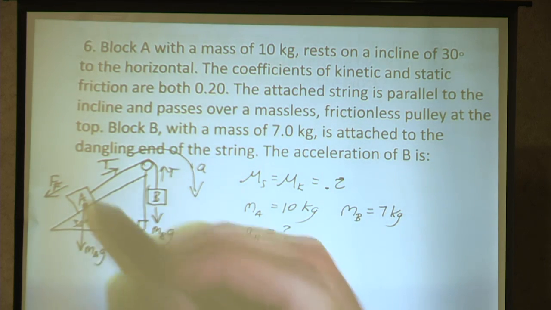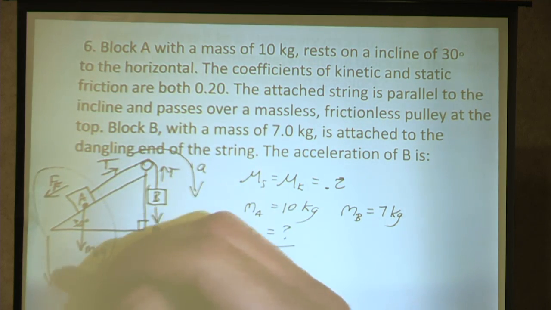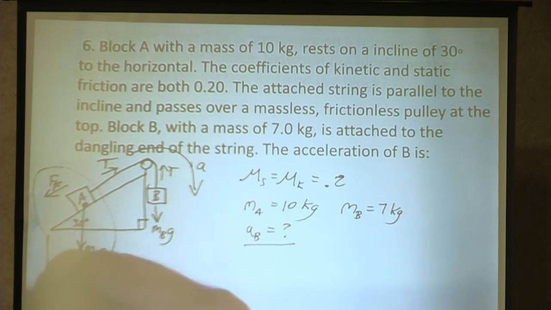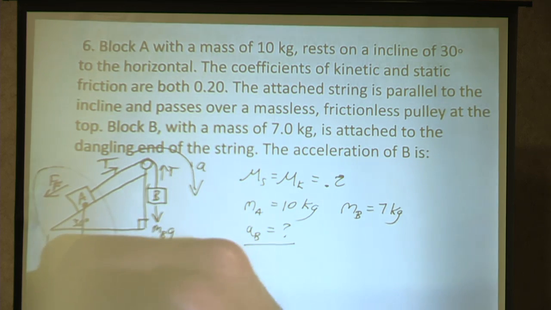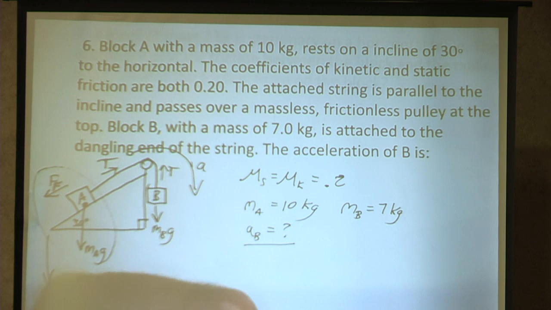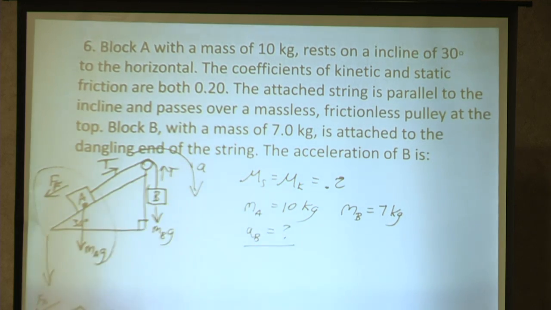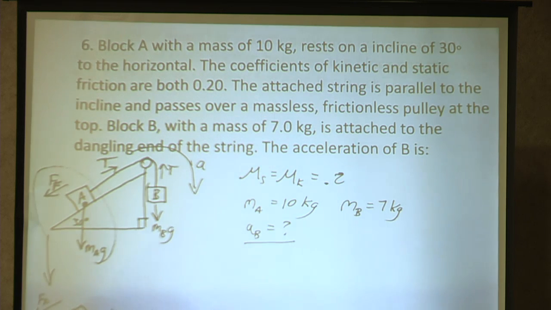So I'm going to redraw this little area down here. We have mass A at 30 degrees, and that acts vertically, and that acts that way. What we need to do is break this up into x and y components.